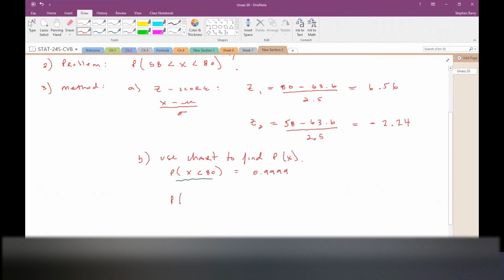Now, what is the probability of being less than 58? What's that going to be? Well, that one's going to work because that z-score of negative 2.24 will be on the chart.